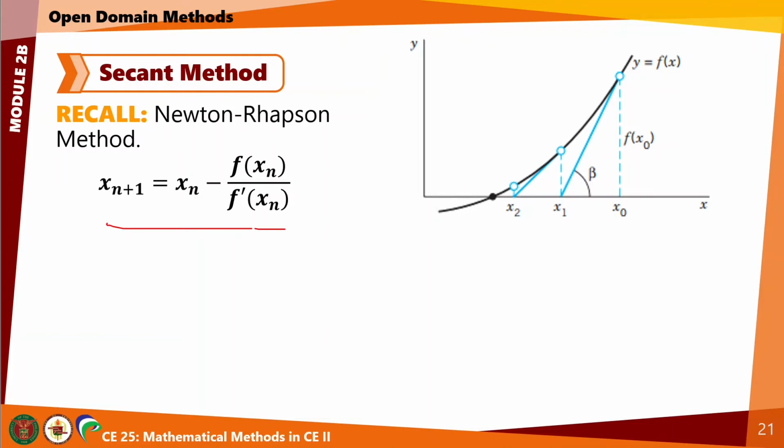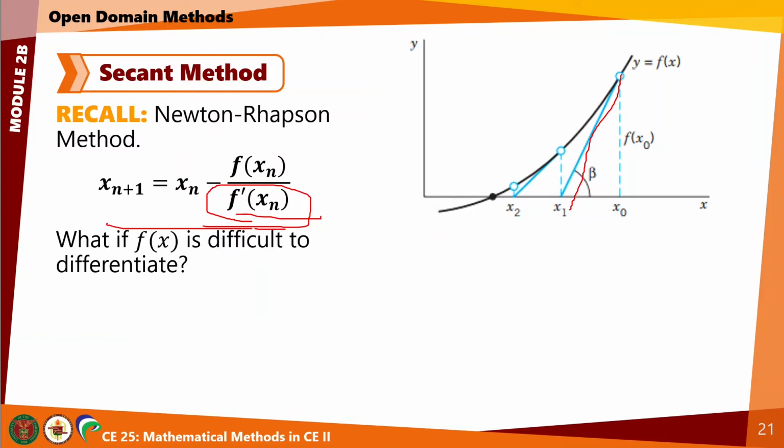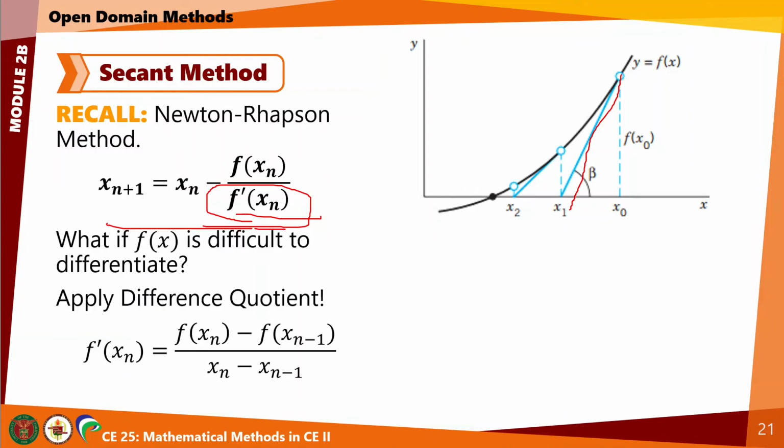Kung mahirap isolve yung derivative na yan, anong gagawin natin? Pwede natin i-apply yung natutunan natin sa Module 1. We'll be using the difference quotient. Kung naalala nyo, difference quotient is just the difference between the function values over the difference between the x.